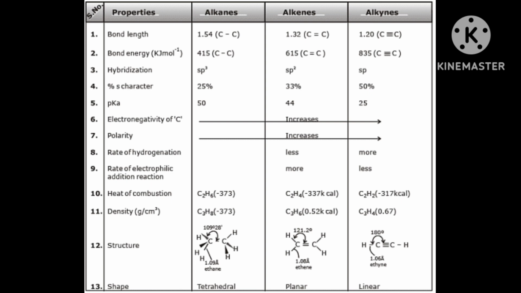Now first, to understand addition of hydrogen. CH triple bond CH plus H2. This reaction will take place in the presence of either platinum or palladium or nickel, any one. Then automatically this H2 will join, one on each carbon.